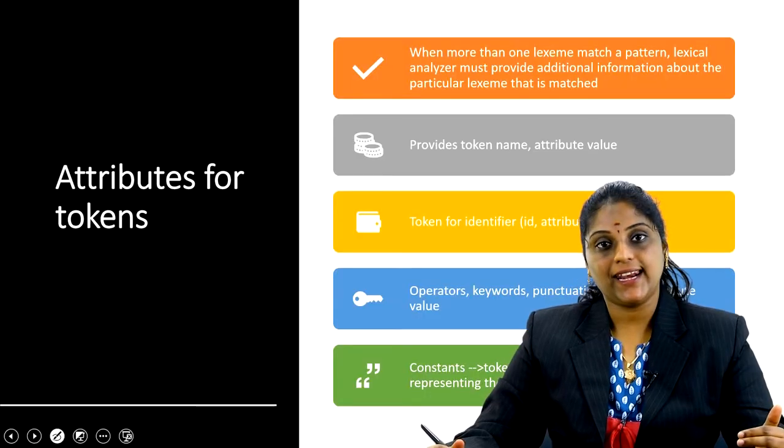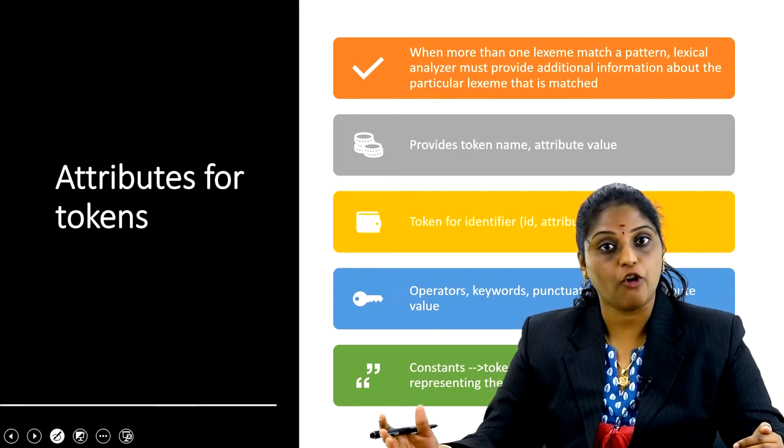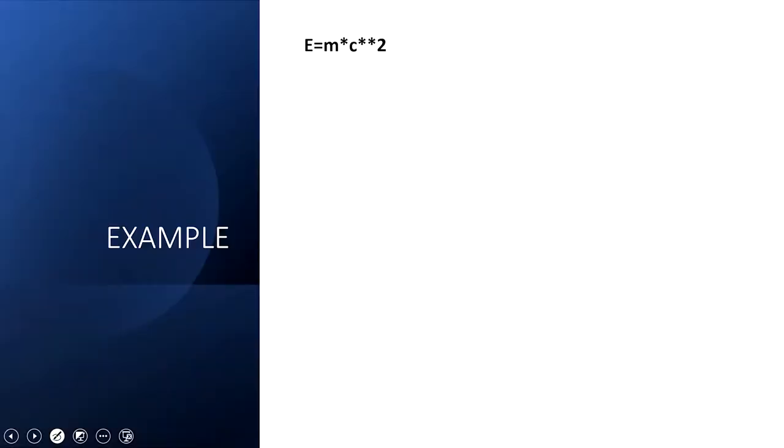Now let us see an example program, and from that program how we can form tokens. E equal to M C square. Our lexical analyzer will scan from left to right. What is the first symbol? E. E is an identifier, so it has to be mentioned as ID followed by the pointer to the symbol table entry.